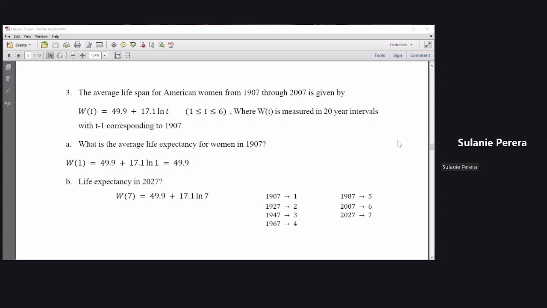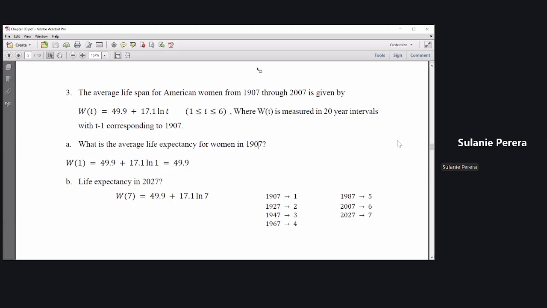So what is the average life expectancy for women in 1907? They have given this average lifespan using an equation, and what is the average life expectancy in 1907?